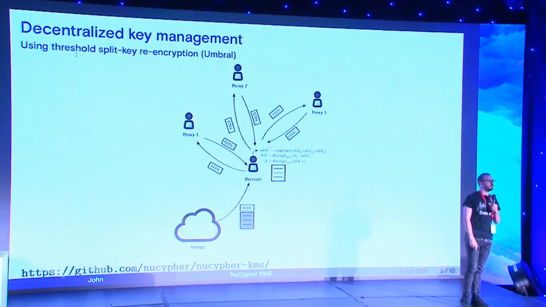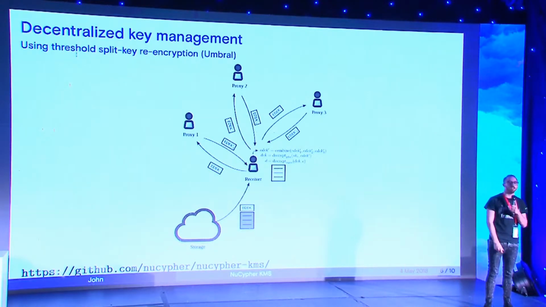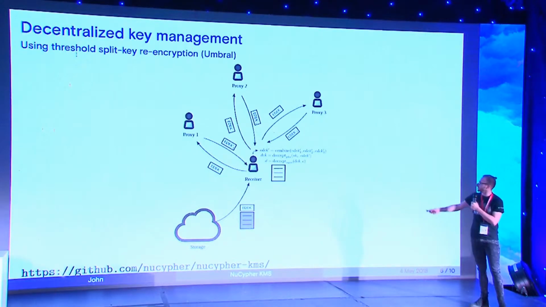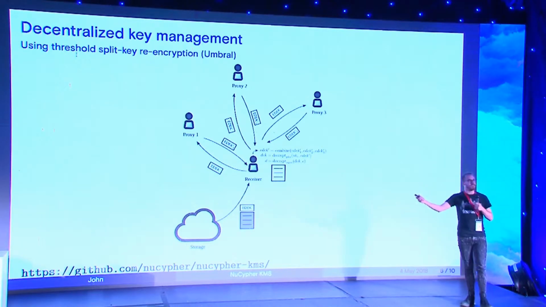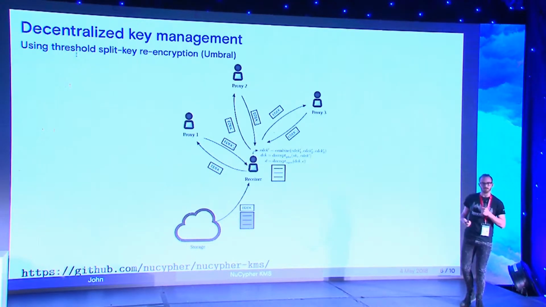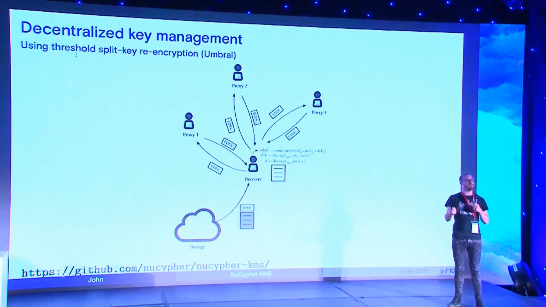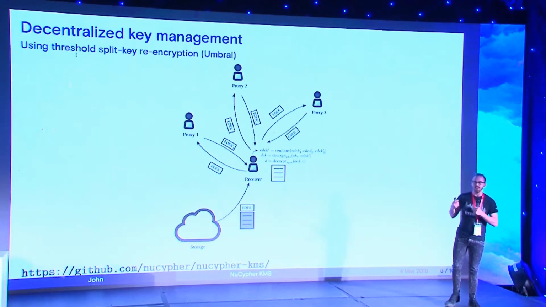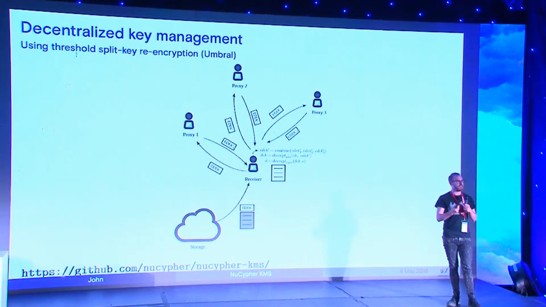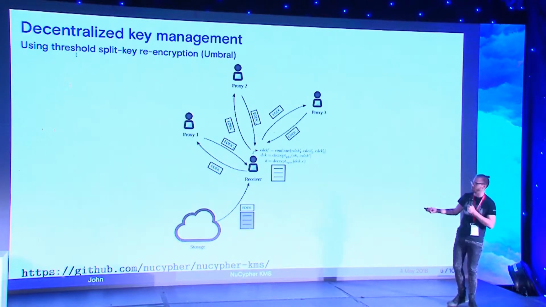We've implemented a crypto system by a cryptographer named David Nunez, who has just recently joined the NuCypher team. Essentially what we do is we take a threshold cryptography system, similar to Shamir secret sharing. We apply this to the re-encryption key, where we generate fragments of this re-encryption key and pass them along to a number of nodes, where we have a threshold M of N. M is the minimum number of re-encryptions to get the data back, and N is the total number of k-frags, or re-encryption fragments, that you distribute to the network.